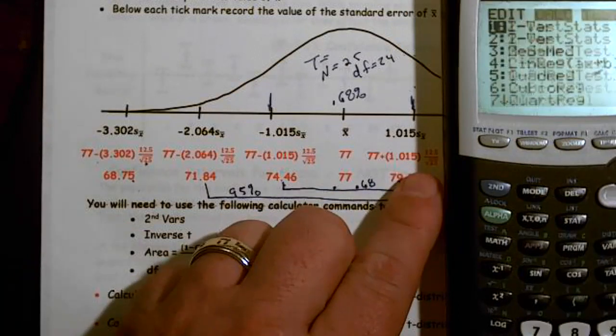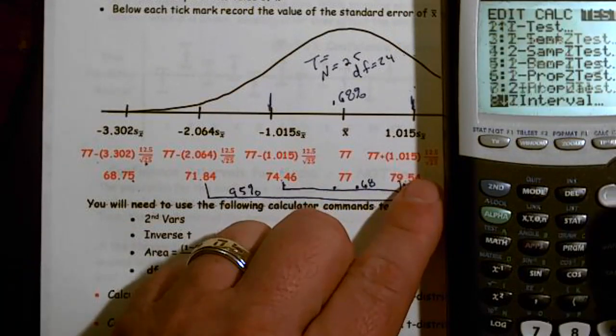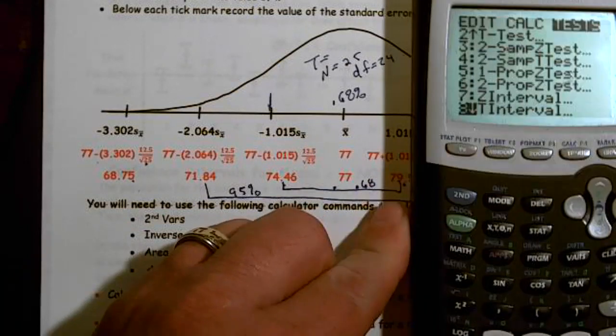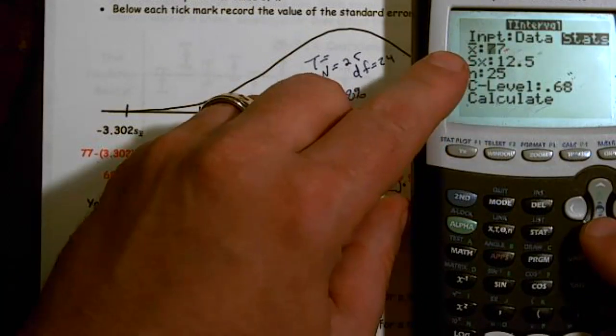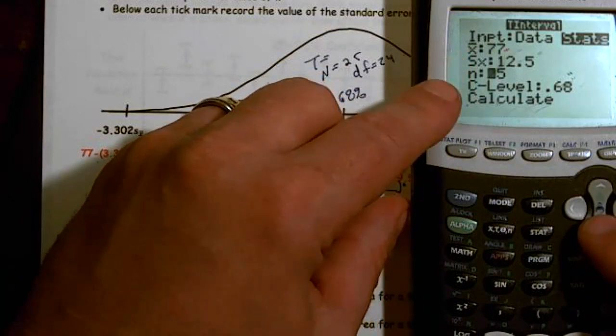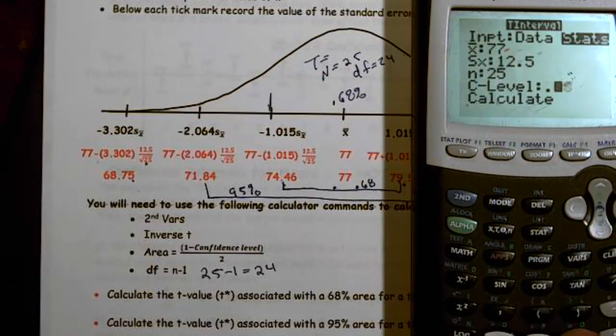Stat, test, and we want to do the same thing for 95%. So stat, test, t interval. A mean of 77, 12.5, our confidence level is 0.95.